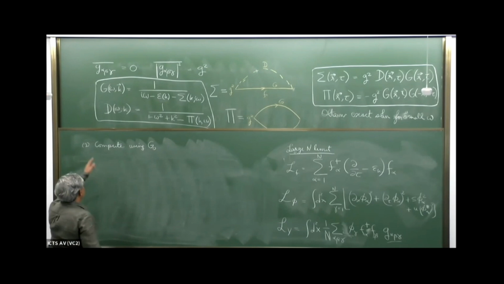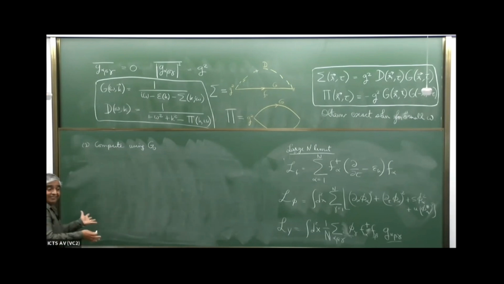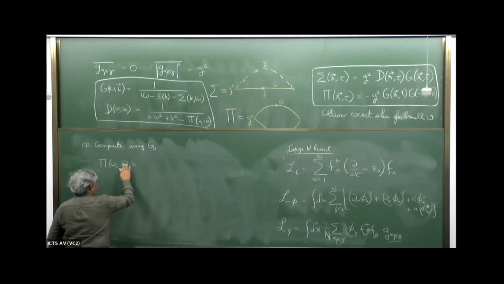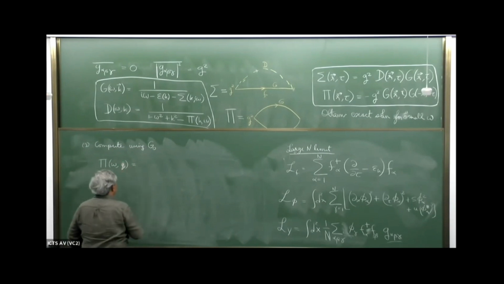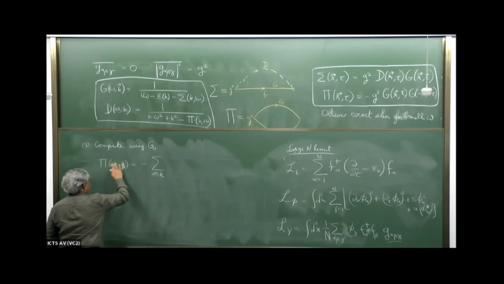Now, of course, G is not G naught. It's got a sigma in it. Okay, but we'll come back to what the effect of sigma is on this calculation later. All right, so pi of omega and k. Let me call it Q, I think. I want to separate Q space from K space. It would be minus sum on omega and K. I'll use the notation in the notes.